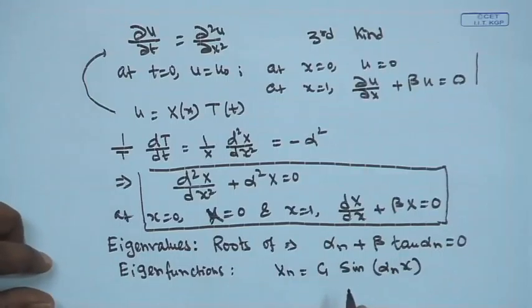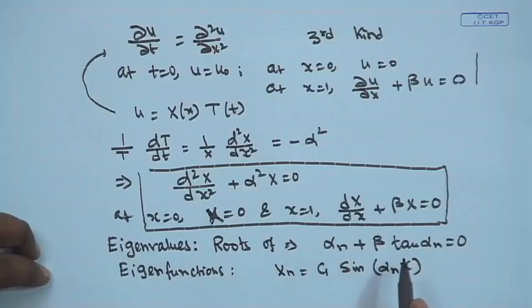We have already seen that the roots of these transcendental equations will be the eigenvalues. There are an infinite number of roots of this equation. Therefore, there are infinite solutions for this system, and each solution is an eigenfunction, and the nth solution corresponding to the nth eigenvalue is the nth eigenfunction.